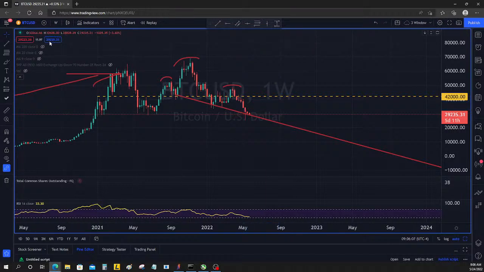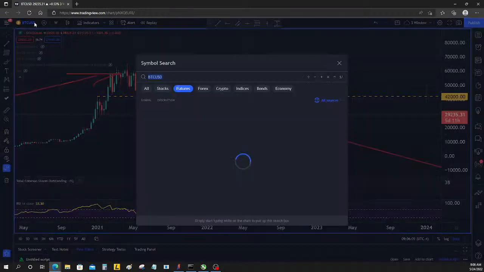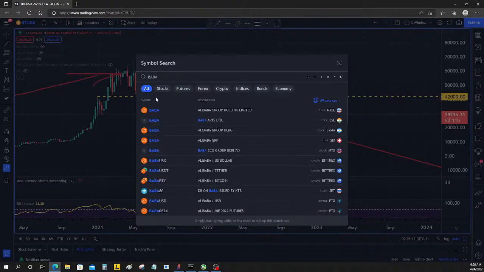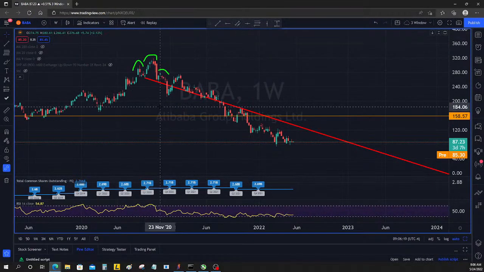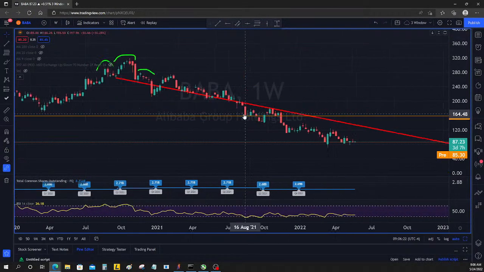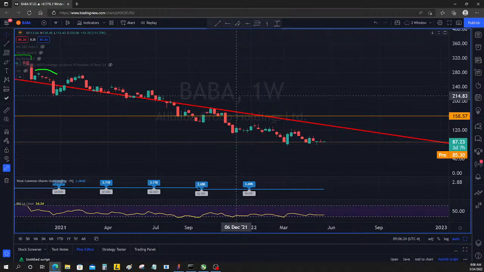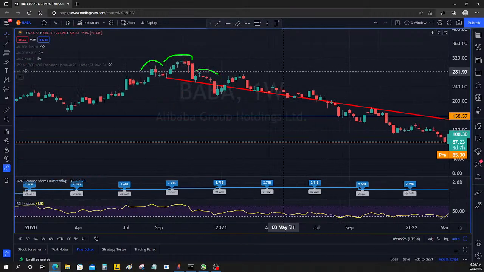And there's actually a really nice example I like to show for this, and that's Baba. There we go. Here it is. Yeah, look at that. This is a Head and Shoulders reversal pattern. Very reliable. And so here's the left shoulder, the head, the right shoulder.